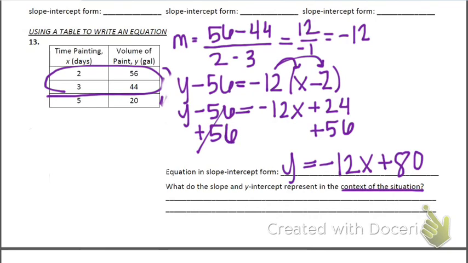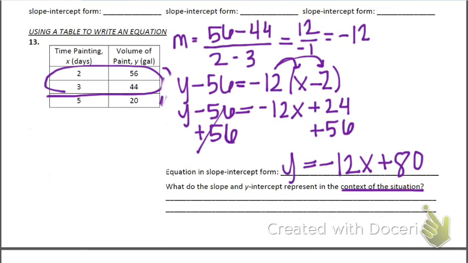The slope is negative 12, right? What does the slope mean? Okay, so it has to do with time passing and the volume, the amount of paint that's left, right? What does the negative mean? It's negative 12.